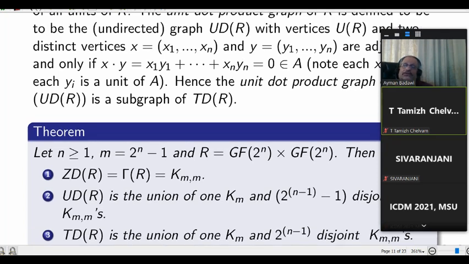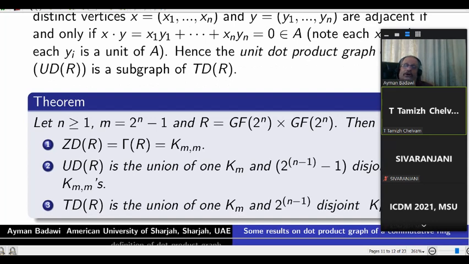The unit dot product is the union of one K_m, where K_m means a complete graph on m vertices, and that many disjoint complete bipartite graphs K_{m,m}.